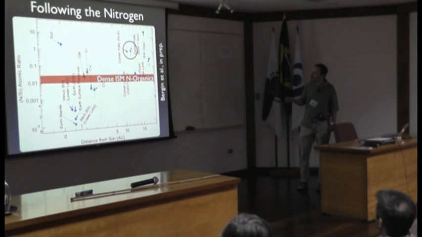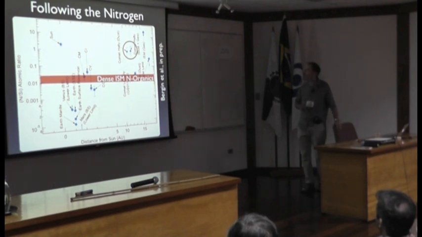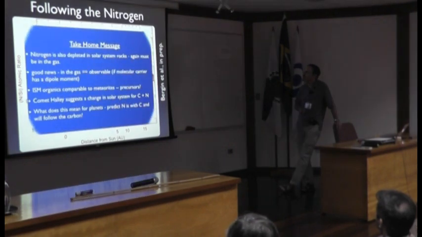So the interstellar medium is not making the stuff that's in Comet Halley. Interstellar dust is not making, somehow, the stuff that's in Comet Halley. The disk is doing something. But the stuff that's in meteorites, perhaps, can come from the interstellar medium.